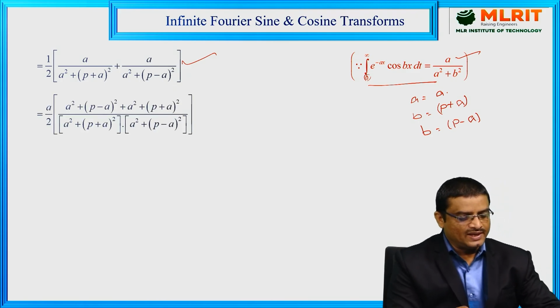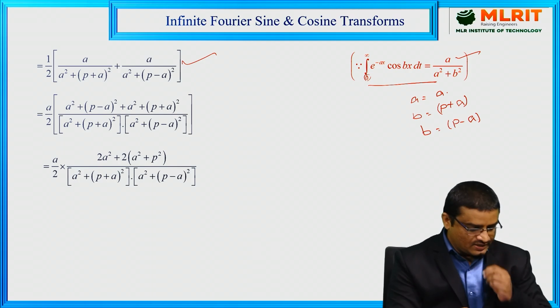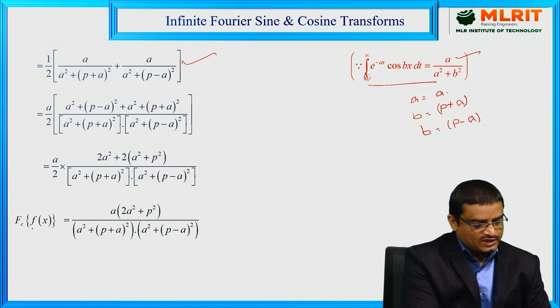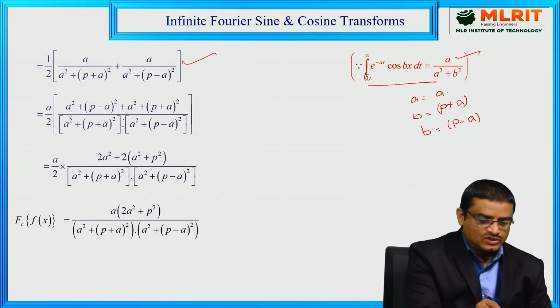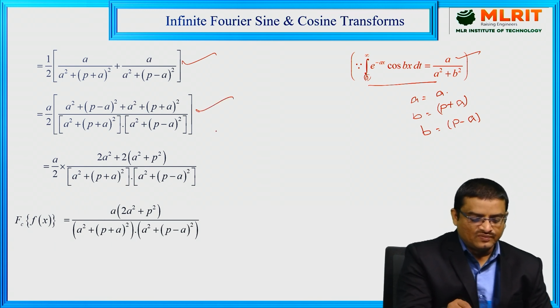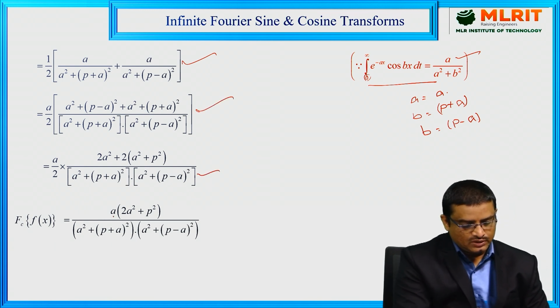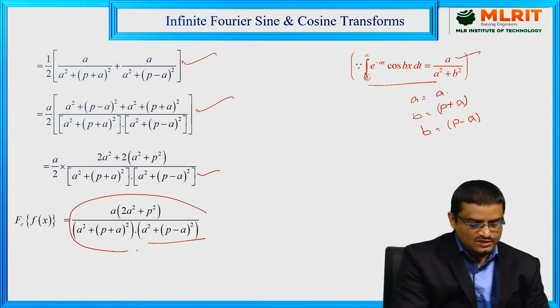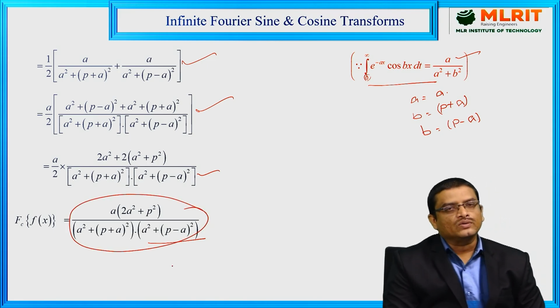By taking the LCM, finally you will get this value. So the Fourier cosine transform of f of x, after simplification, is a into 2a square plus p square by a square plus p plus a whole square into this one. So this is our required Fourier cosine transform of f of x.